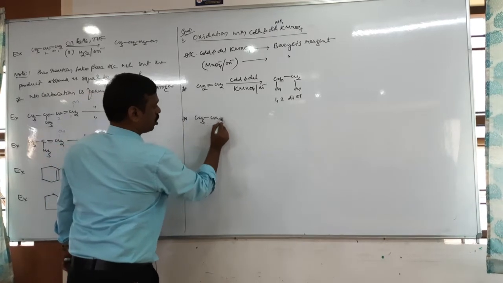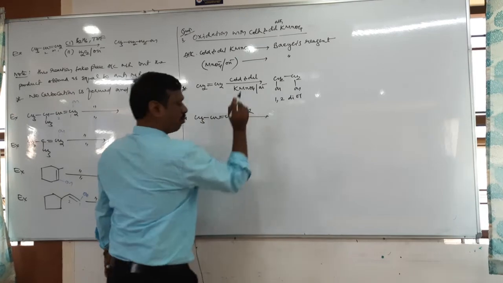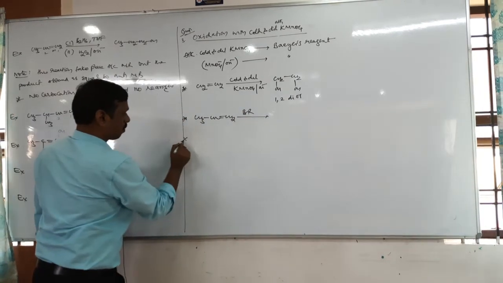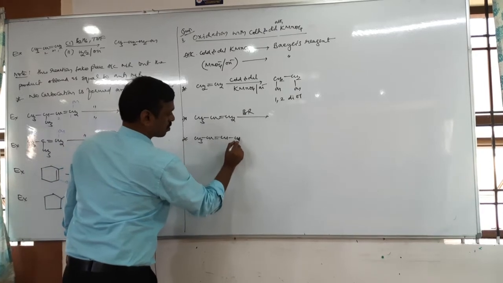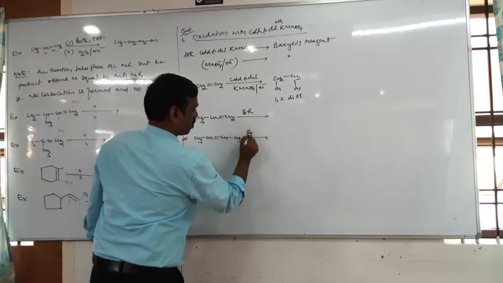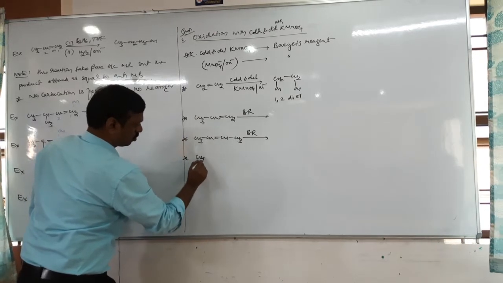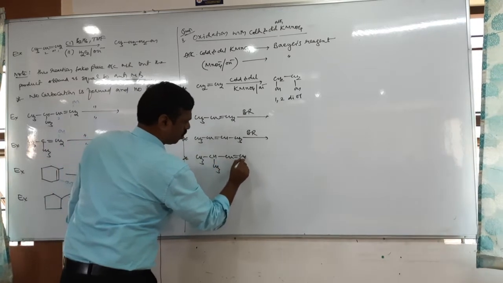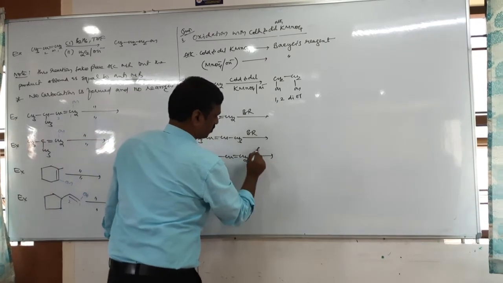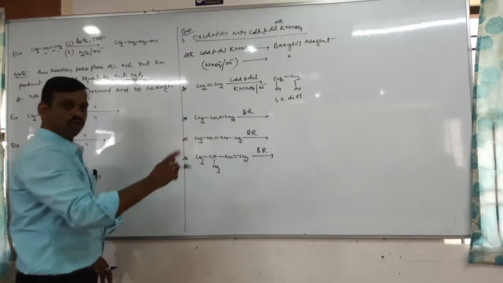CH3, CH double bond, CH2, Bayer's reagent, write the product. Here no carbocation, no rearrangement. Here we just add two OH groups on the two double bonded carbons.